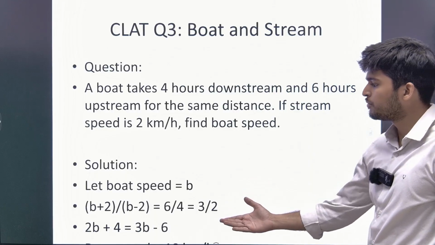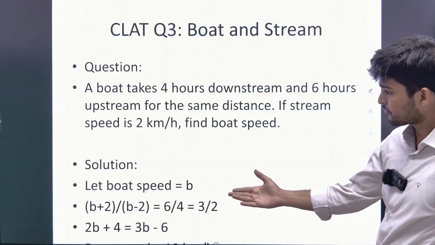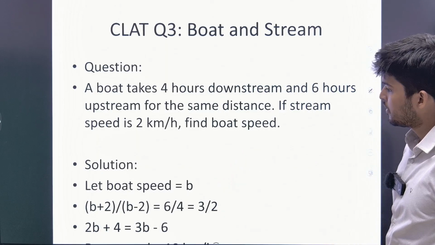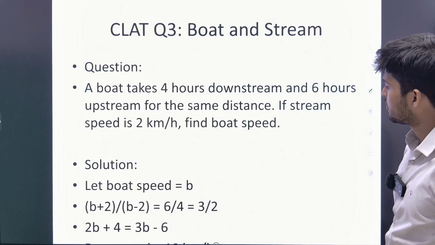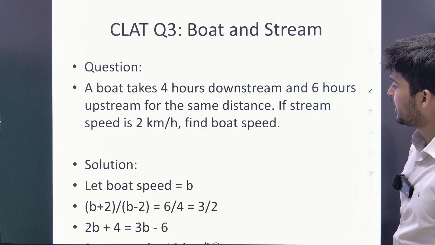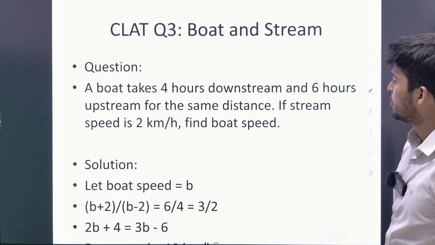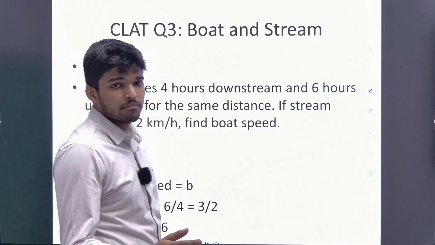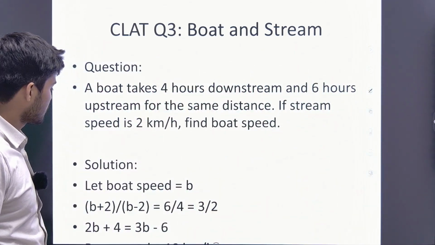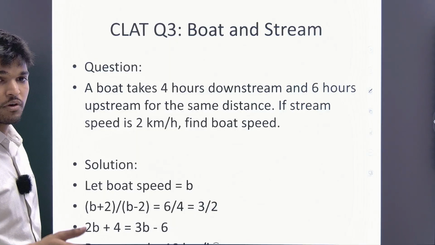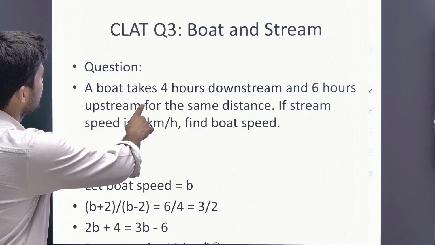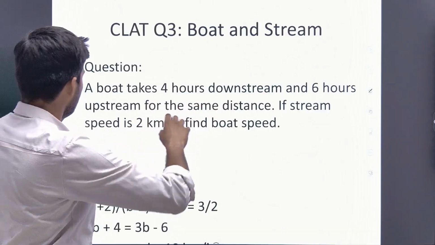So we'll assume the speed of the boat being b, and we'll divide the speed which the train covers to move downstream and to move upstream, as we know the ratio, we know the time, right?